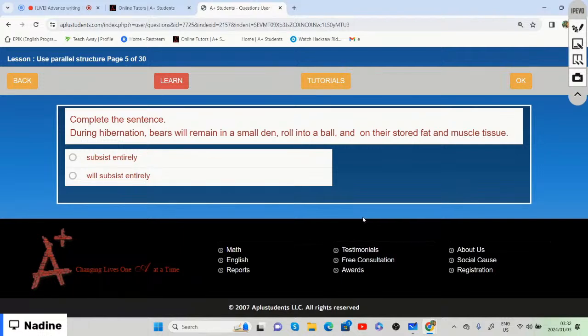So during hibernation, bears will remain in a small den, roll into a ball, and subsist entirely on the stored fat and muscle tissue.